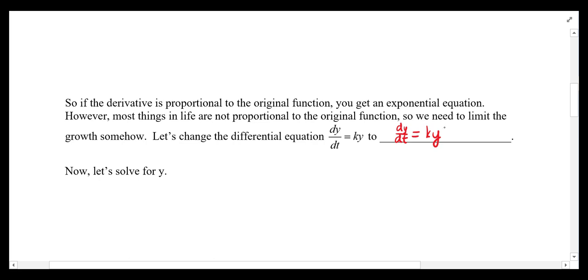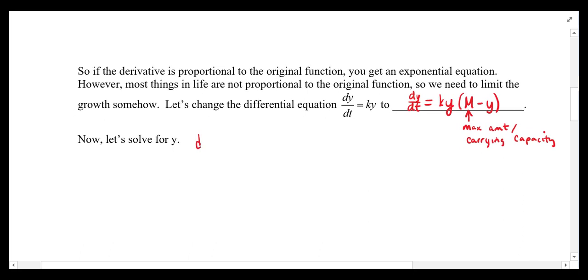We still have that, but we now have this limiting factor, (M minus y), where M is the maximum amount, or what I said before, the carrying capacity. Now, our goal is to solve this equation: dy/dt equals ky times (M minus y).